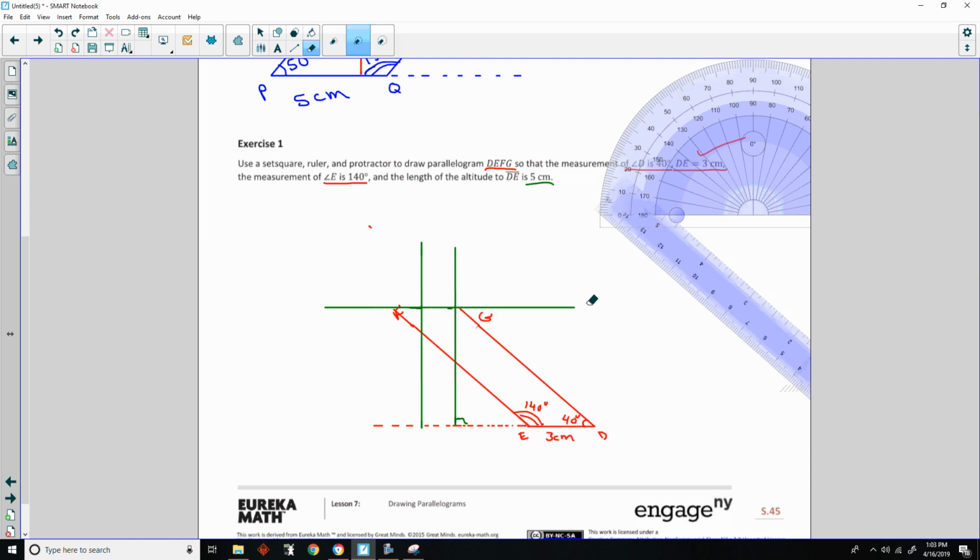And then I can just clean this up by erasing my overlaps. And I can erase this second altitude. Okay, so there it is. There is a parallelogram with altitude of 5 centimeters with a length of side DE 3 centimeters with a 40 and 140 degree angles.